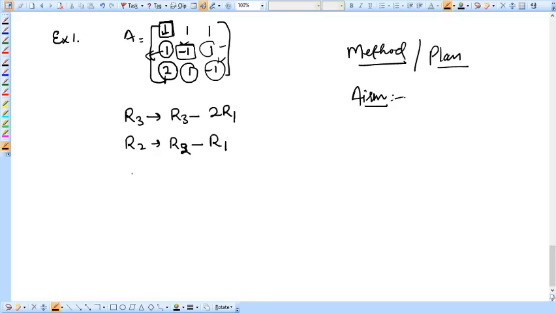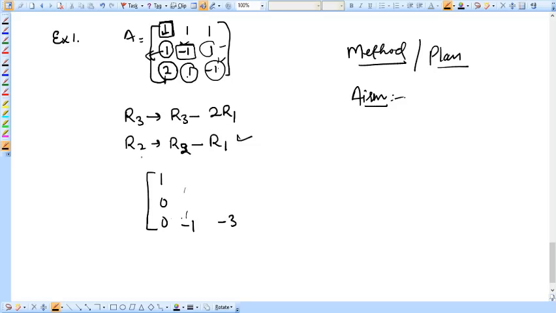So whatever matrix I get here is 1 0 and so on. Now 1 minus 2 into 1 is equal to minus 1.